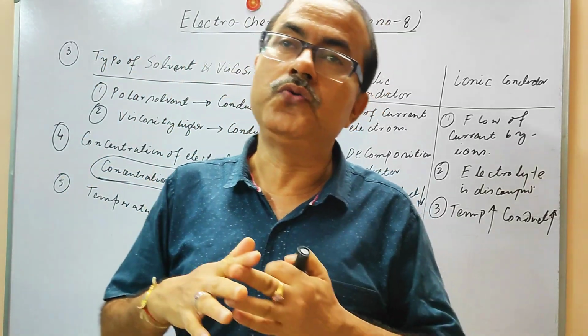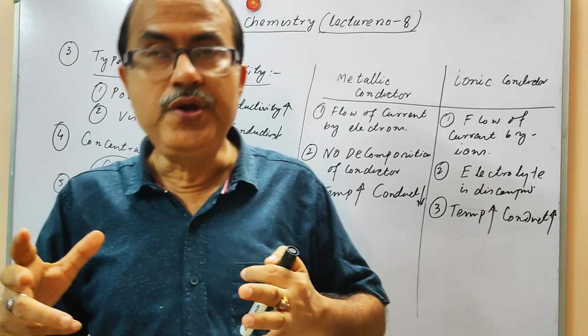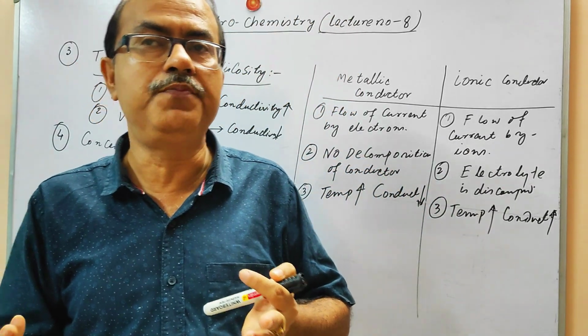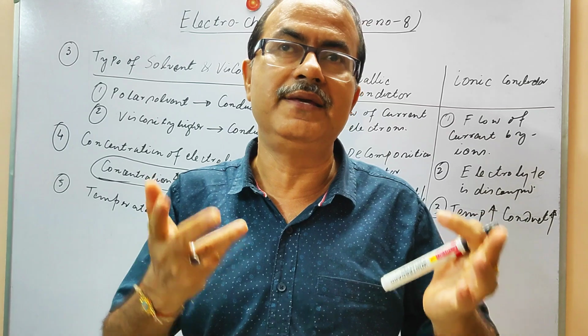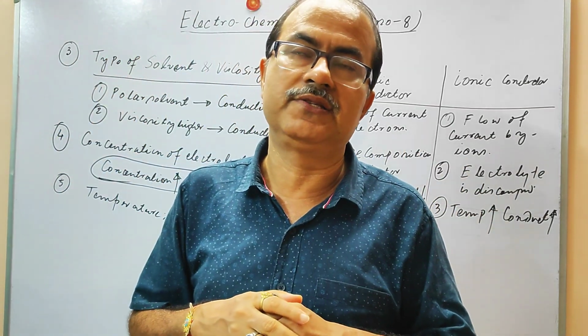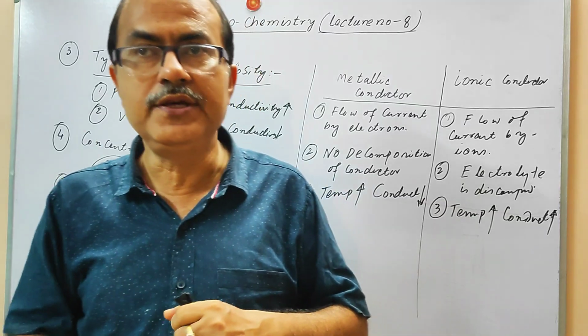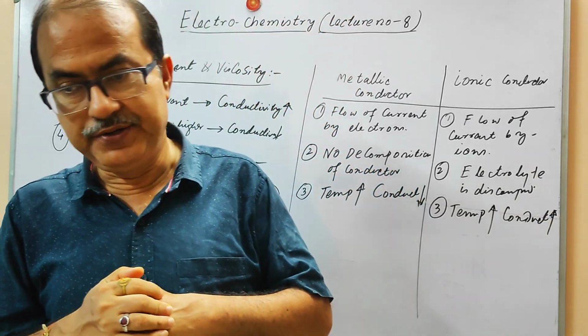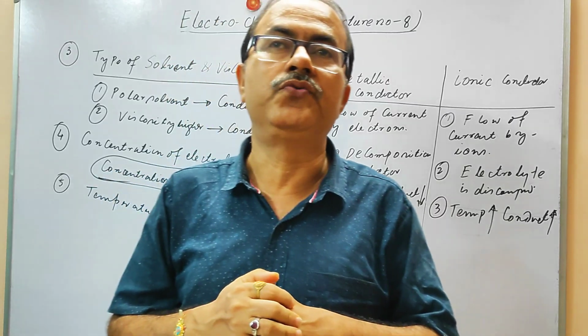Number two, the solution is a liquid, and a liquid cannot be put as it is, like the metals or solid conductors in the Wheatstone bridge. So both problems have been resolved in two ways.